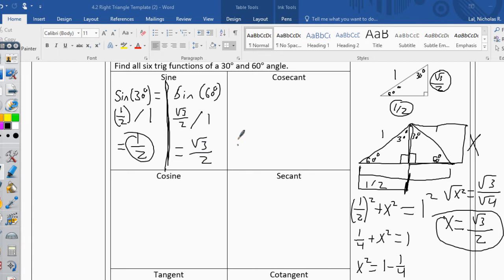The cosecant of 30, and the cosecant of 60.